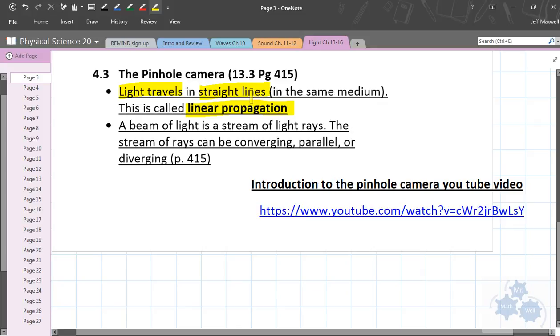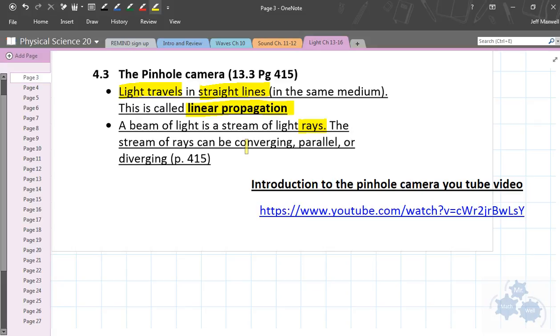So we're really talking about beams of light or light rays. We're going to draw diagrams called ray diagrams, and so we're going to draw one single line, and that's going to represent a ray. So when we talk about a beam of light, we're talking about many rays of light shining and traveling.